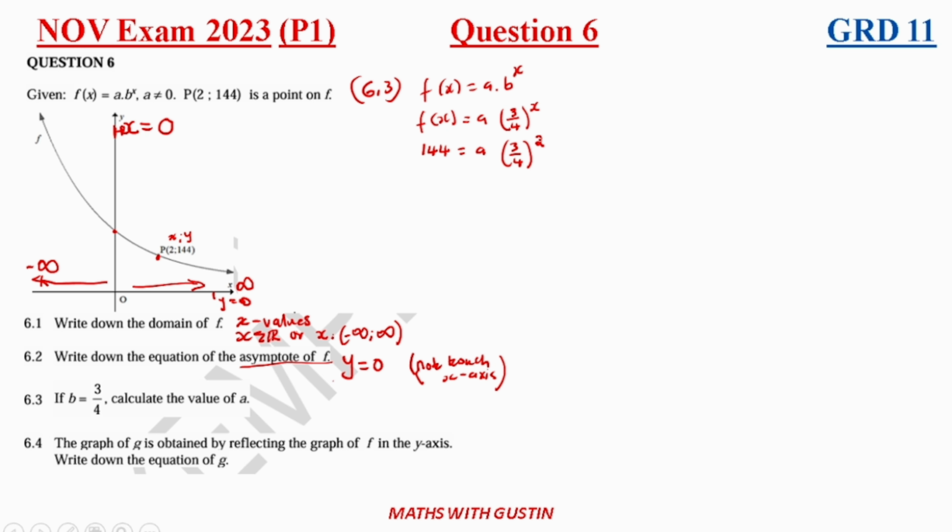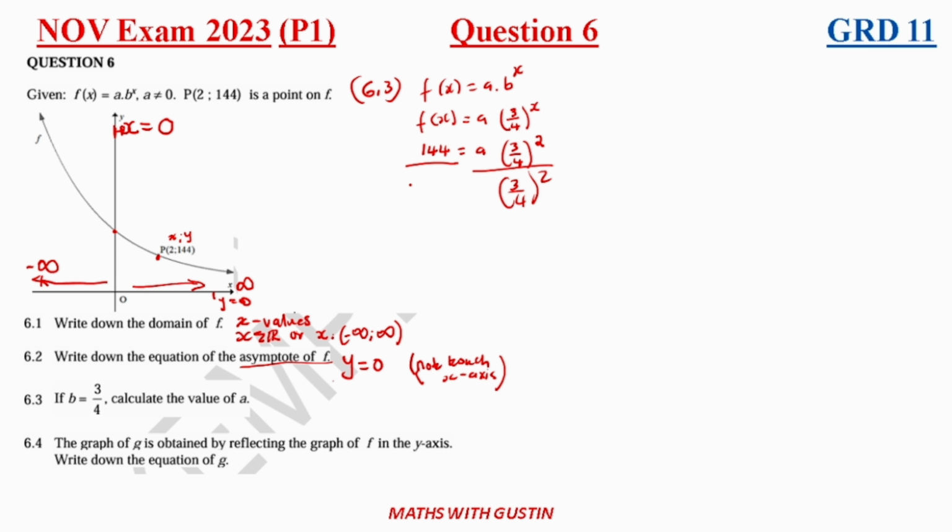Having that, now we just need to solve for a. We can just divide everything by (3/4) squared so that we can get an answer. Because we have Casio calculators, we don't have to worry about that.